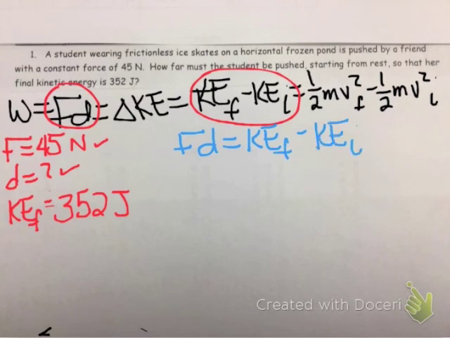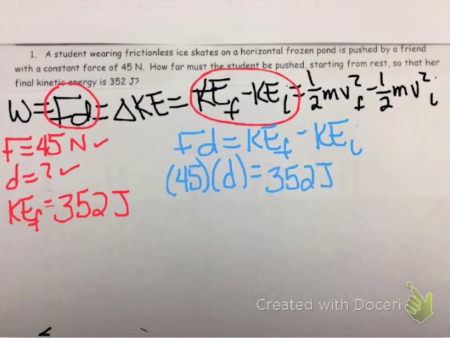Now let's plug in what we know underneath them. Our force was 45. We're looking for our distance. Our final KE is 352 joules. And she started from rest, so that means she started from 0. Any object at rest is always 0. You should know that by now. So what is our next step? 45 times d is equal to 352.